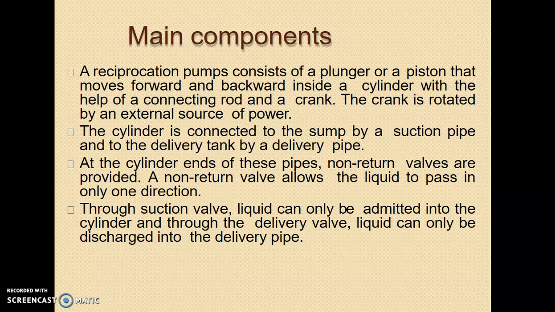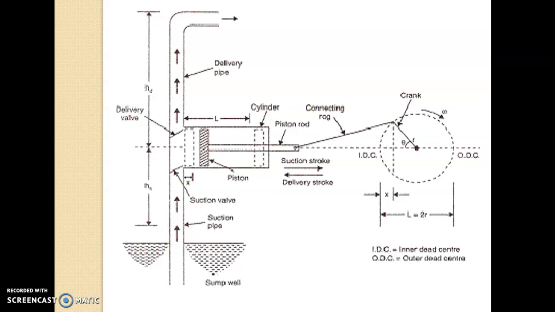Now, when we talk about main components of this reciprocating pump, I'll try to explain through this figure. The main parts of the reciprocating pump are: you have a cylinder, a piston rod.